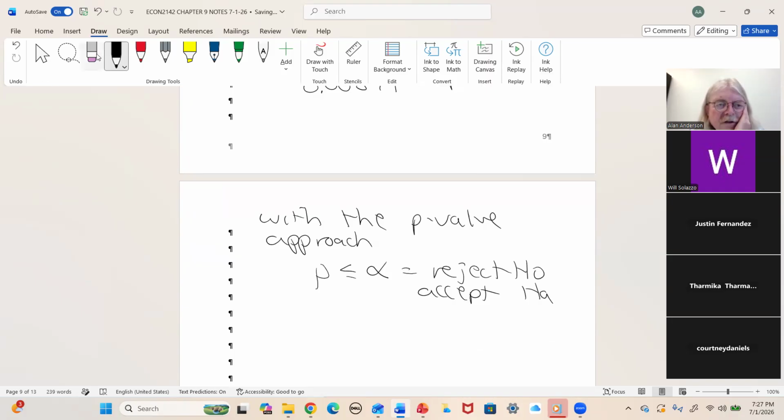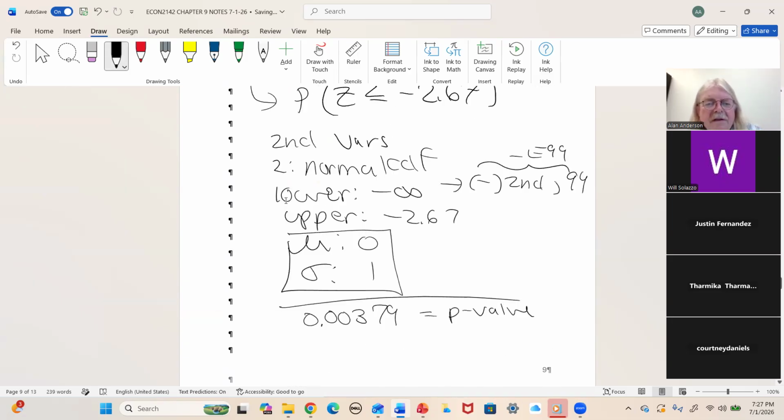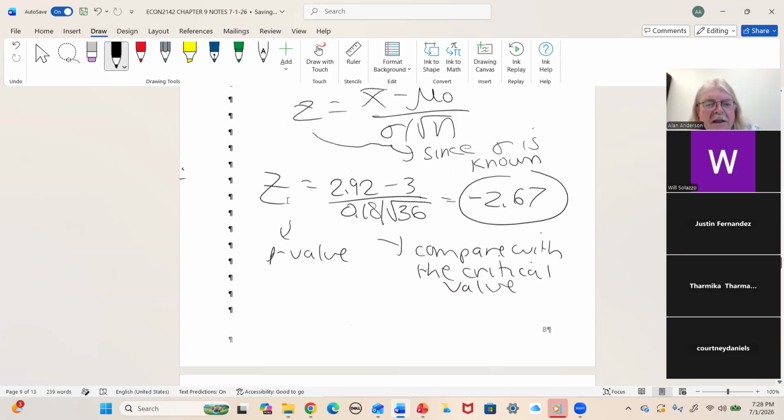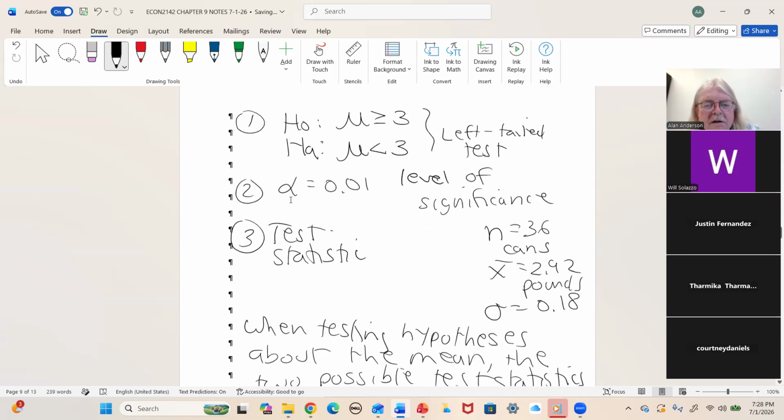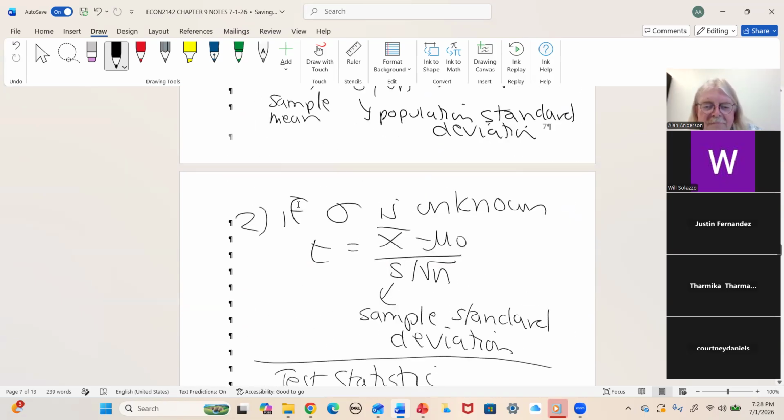I guess that should be just strictly less than. Now, in this case, remember, they told us right up front that alpha is 0.01.